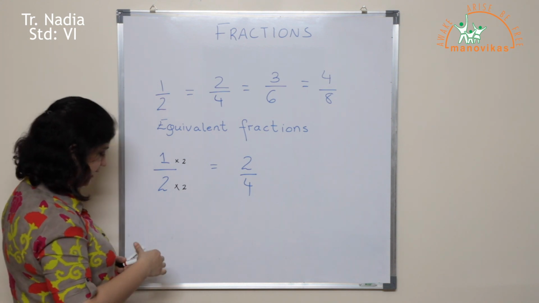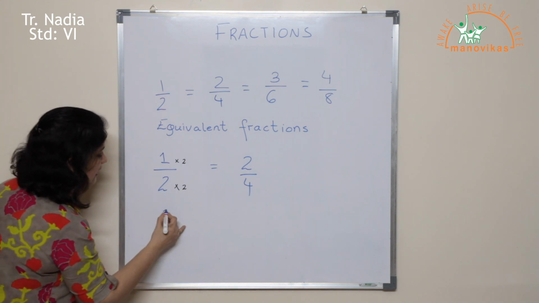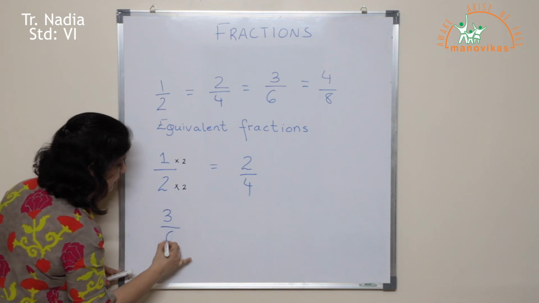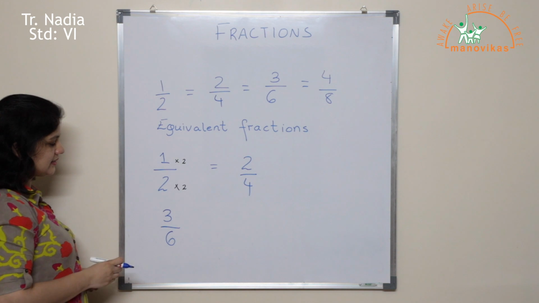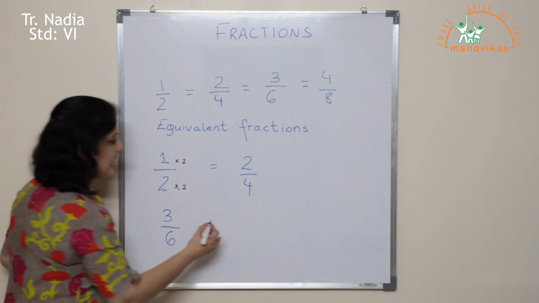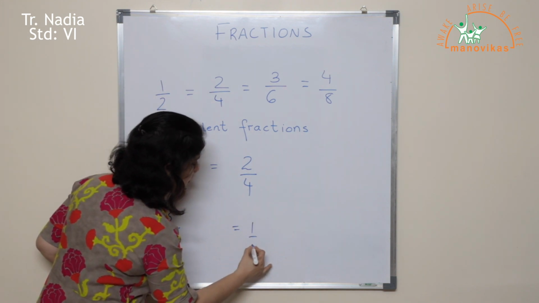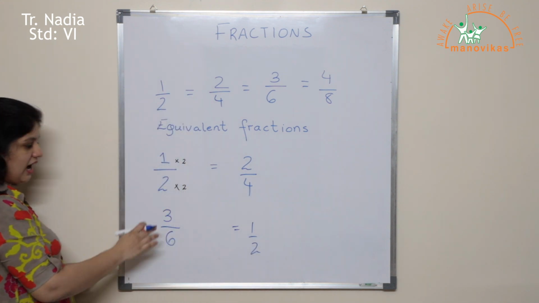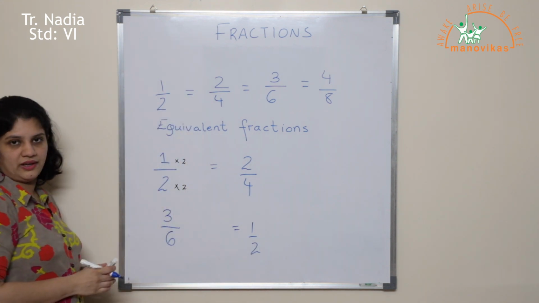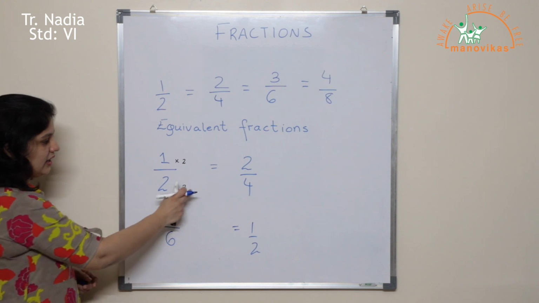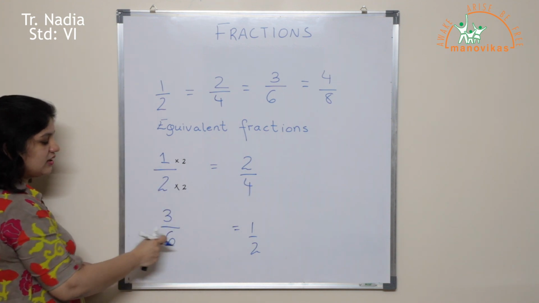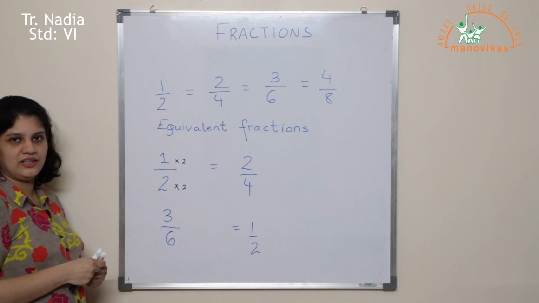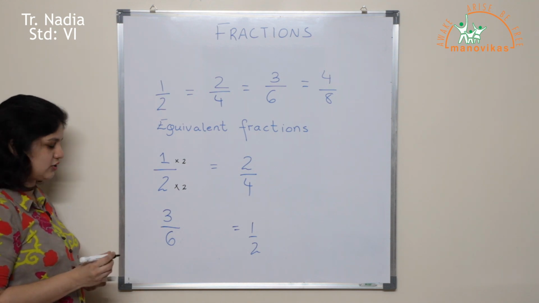Similarly, you can also get equivalent fractions by dividing the numerator and denominator by any non-zero number. Let us consider this fraction 3 upon 6 and its equivalent fraction 1 upon 2. Let's see how from 3 upon 6 I can obtain 1 upon 2. Here I have shown you all multiplication to obtain another equivalent fraction. Here we will see how by dividing we can get another equivalent fraction.